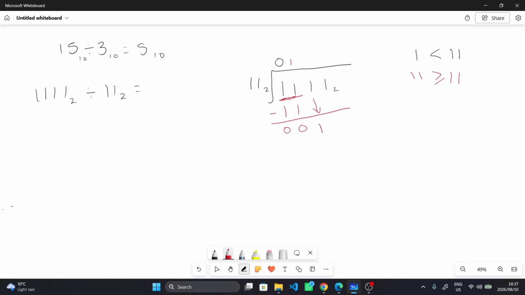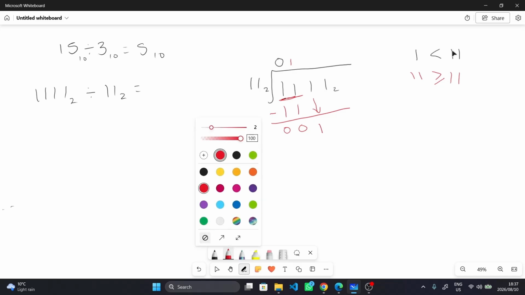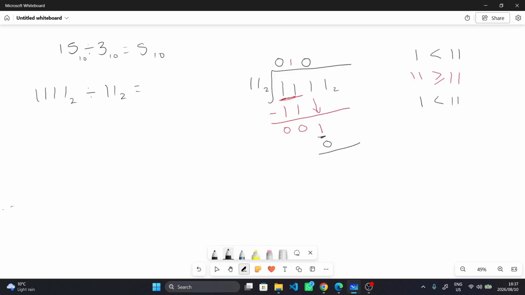Correct? Yeah. Now once we bring this value down, again we check this value here. Is this greater than or less than 11? It's less than, right? So we put a 0 there. Then when we put a 0, that will be 0 times 11, which is 0. So if we minus that, that will be 1. And we bring that 1 down.